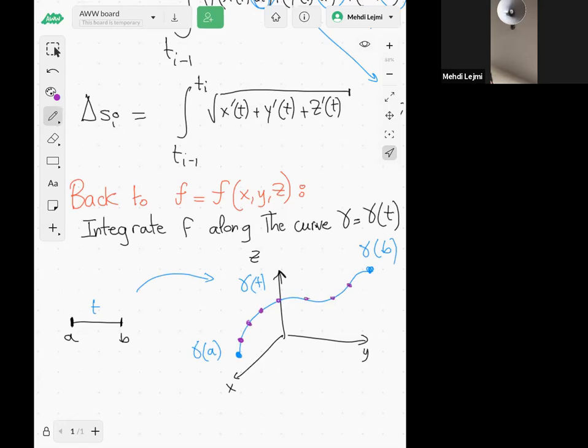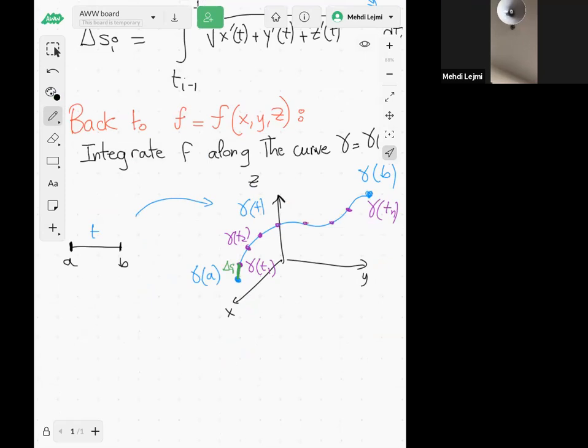This is gamma of t1, this is gamma of t2, etc., this is gamma of tn. The arc length of this portion is delta s1, etc. So we know exactly the formula for the arc length.